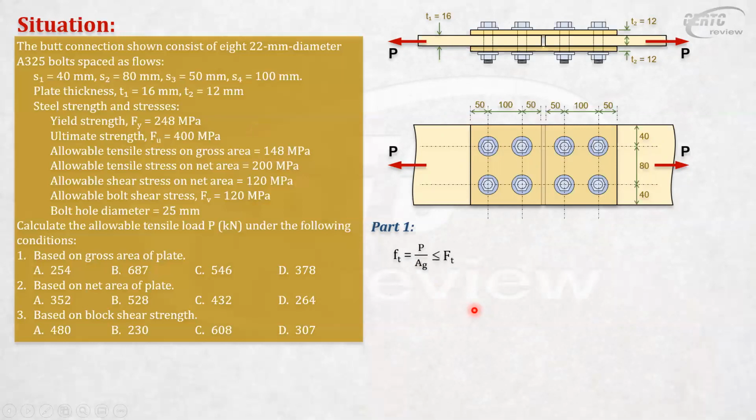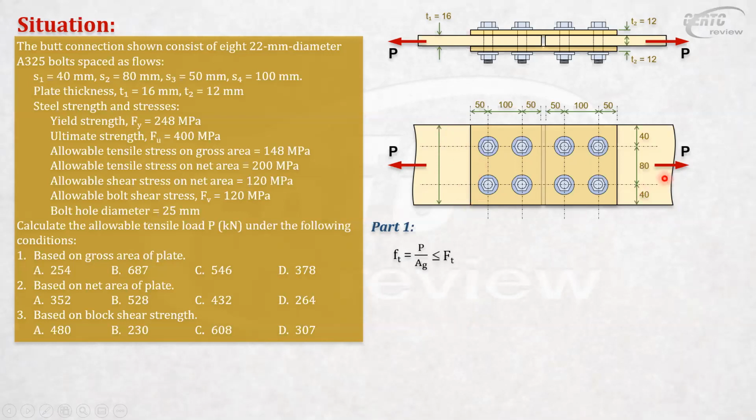Whenever there is a given allowable value, do not use the equal sign. You use an inequality. When it says allowable, it means the stress must not exceed it, so it has to be an inequality. P is the one unknown. Let's get the gross width.